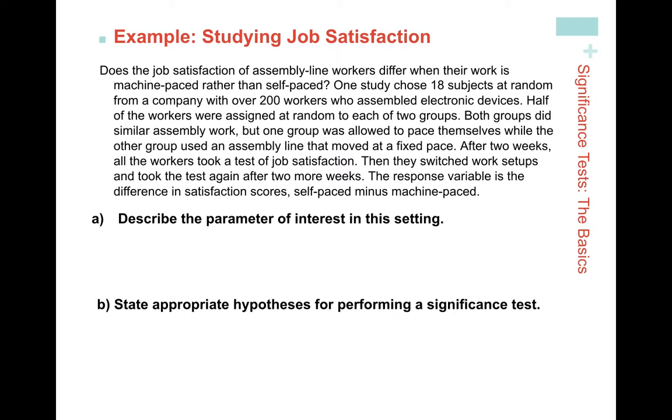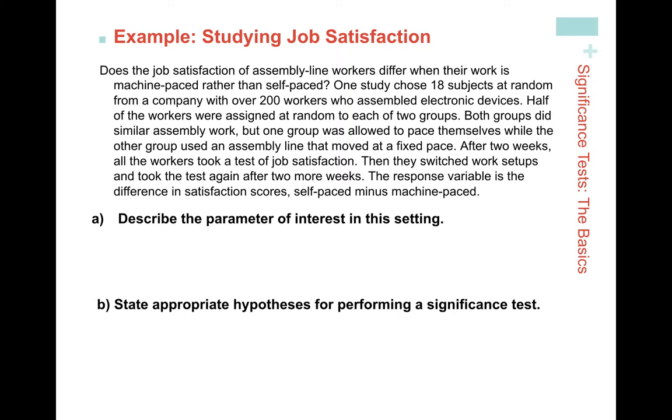The response variable is the difference in satisfaction scores, self-paced minus machine-paced. Notice that order matters. A positive difference means that self-paced is greater than machine-paced, meaning they prefer self-paced over machine-paced. What is the parameter of interest? What are we trying to do inference about?